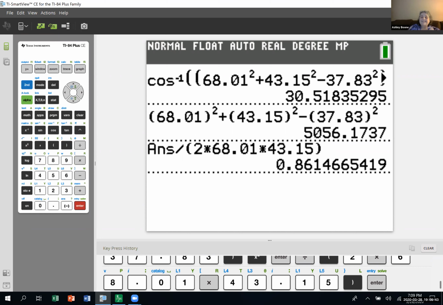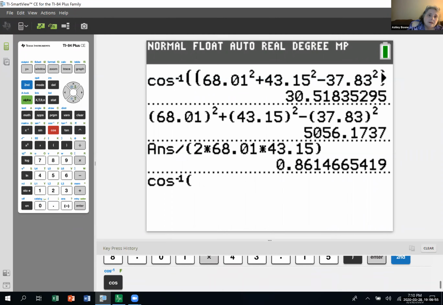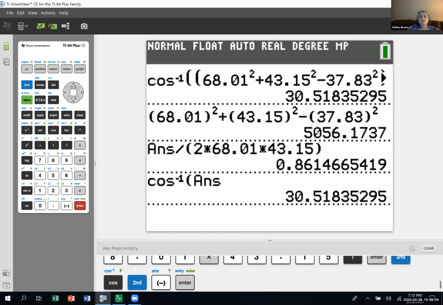This is what's inside my inverse cosine. So I've evaluated the fraction. Now I need to take the inverse cosine of this answer. So I'm going to go second cosine of that answer, and I get 30.518, the same number I got when I typed it all in at once.